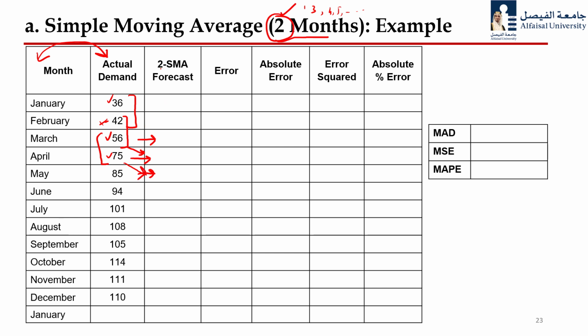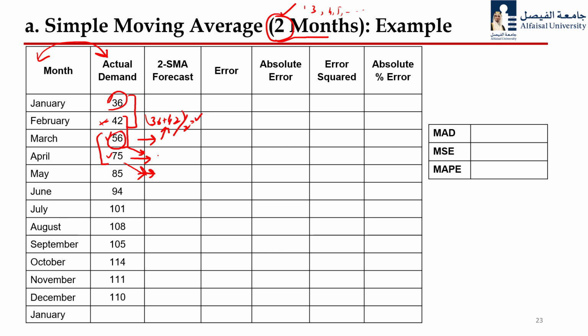So how can we calculate? This is a 2 months simple moving average. That means 36 plus 42 divided by 2. We get the 2 months moving average for the month of March. For the month of April, how do we calculate? We remove this 36 and include the new value, which is 56.